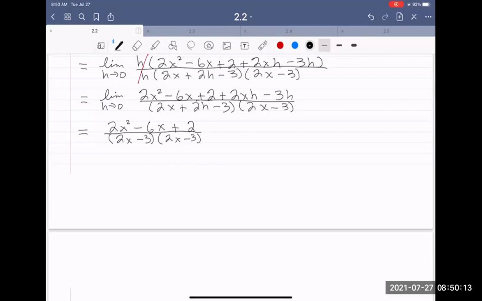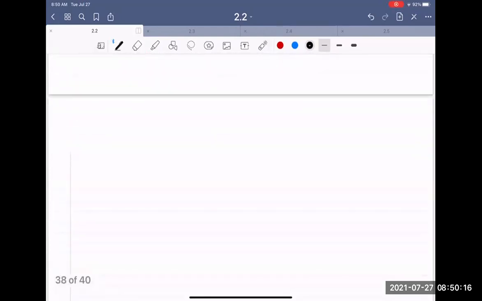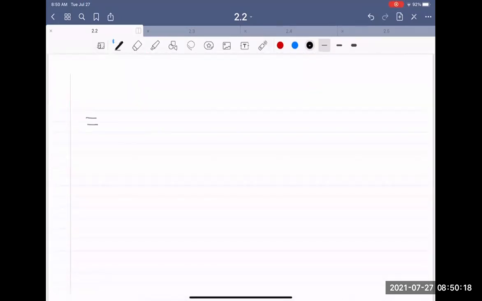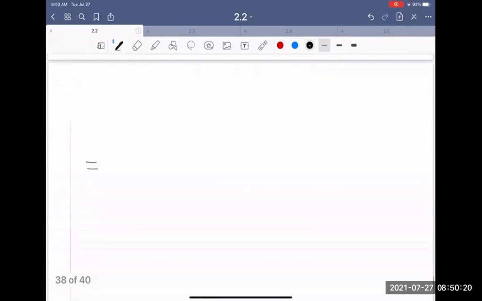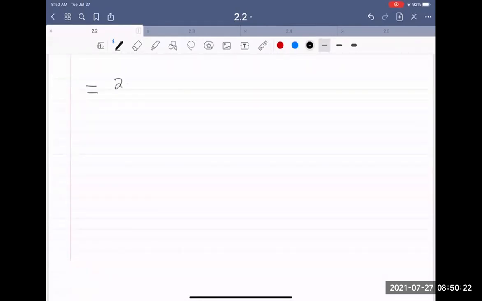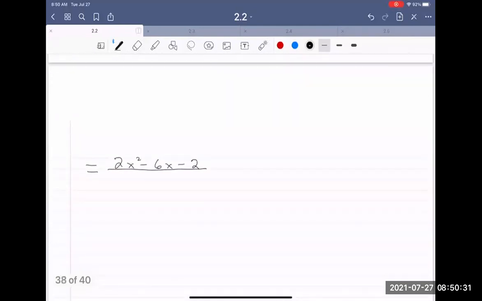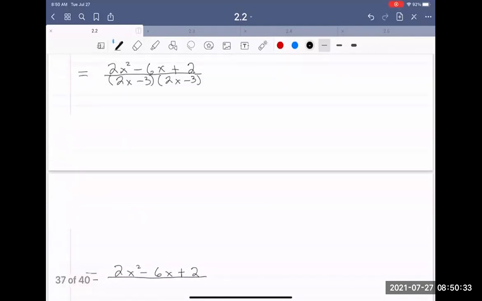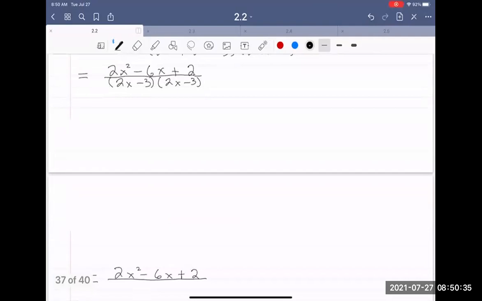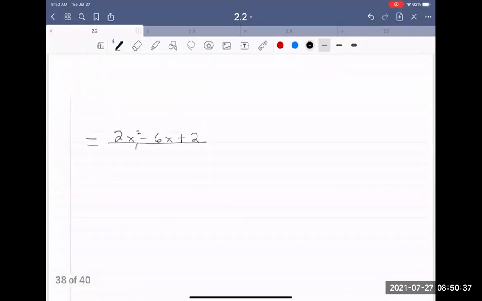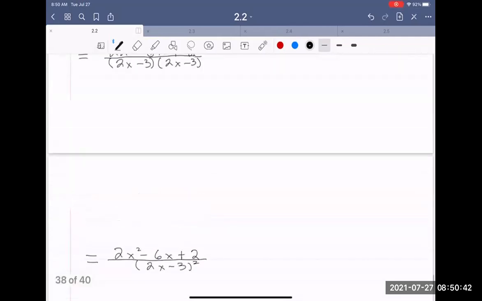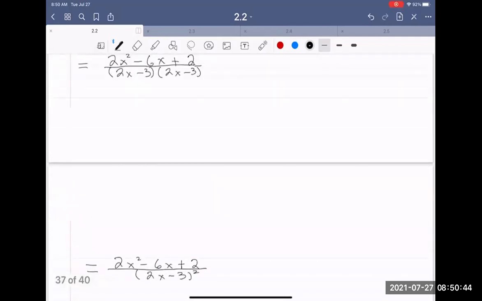I can factor out a 2, but I don't need to. This will equal 2x squared minus 6x plus 2 divided by 2x minus 3 squared. And so that's my derivative.